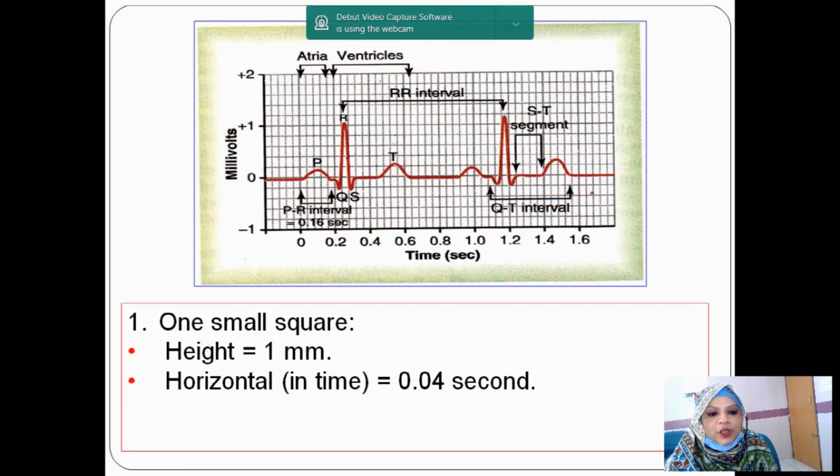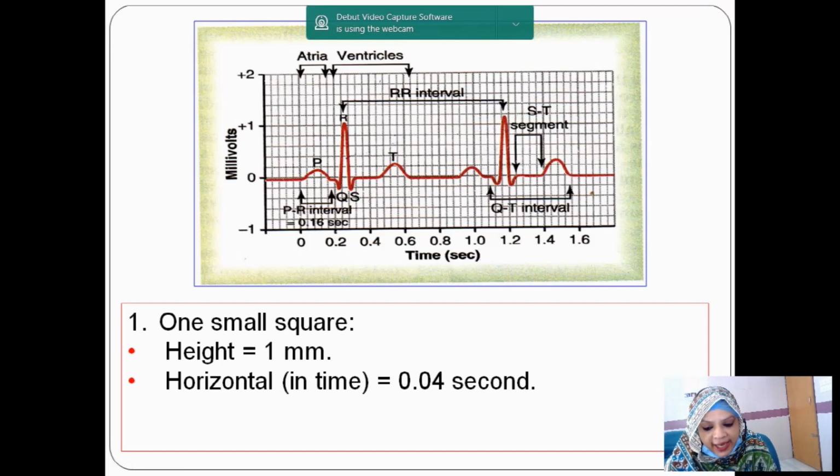One small square has a height of 1 millimeter vertically, that is the millivolt portion, and horizontally, the time for one small square is 0.04 second.